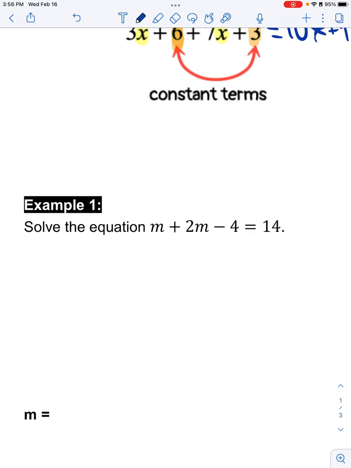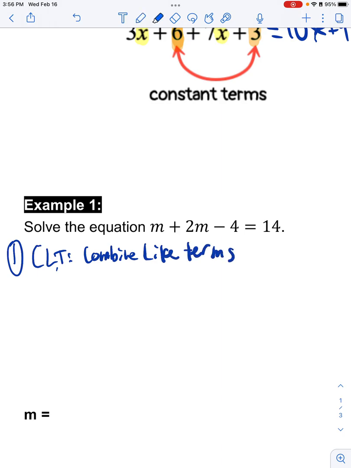So let's take a look at our first example. Solve the equation. Step 1, I'm going to CLT, which stands for combine like terms. And the like terms that we have here are m and 2m.